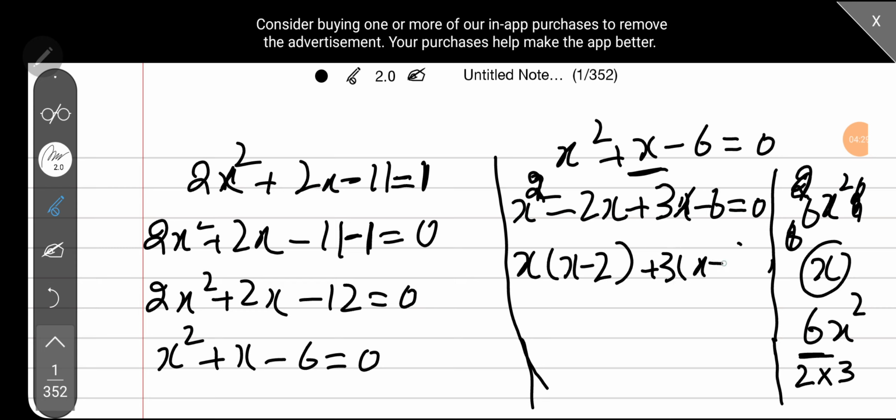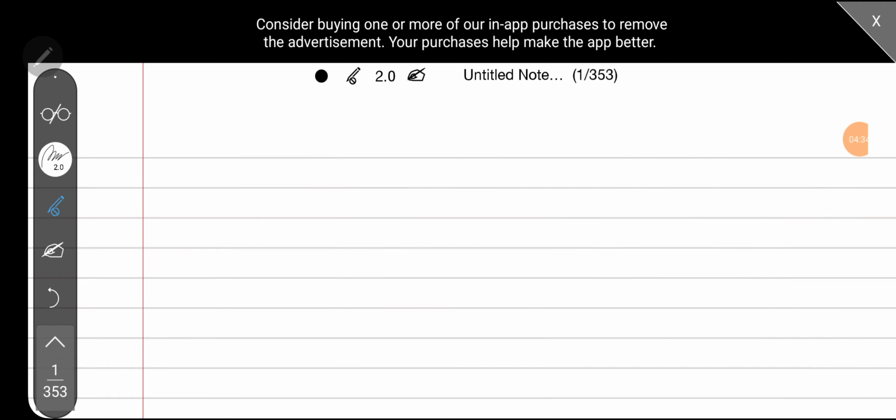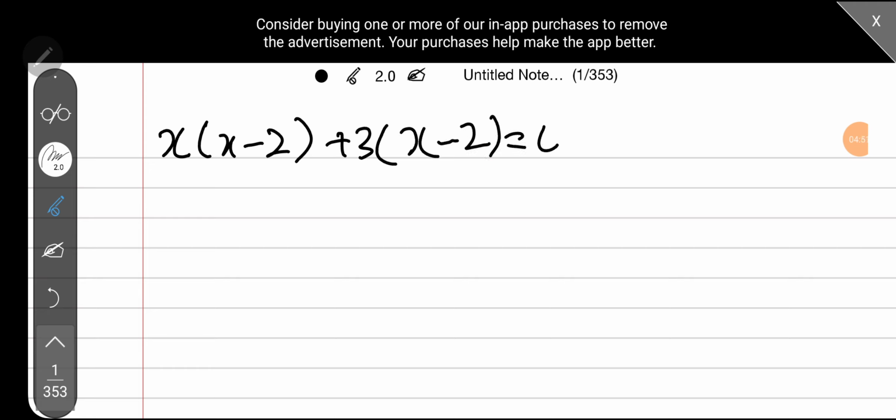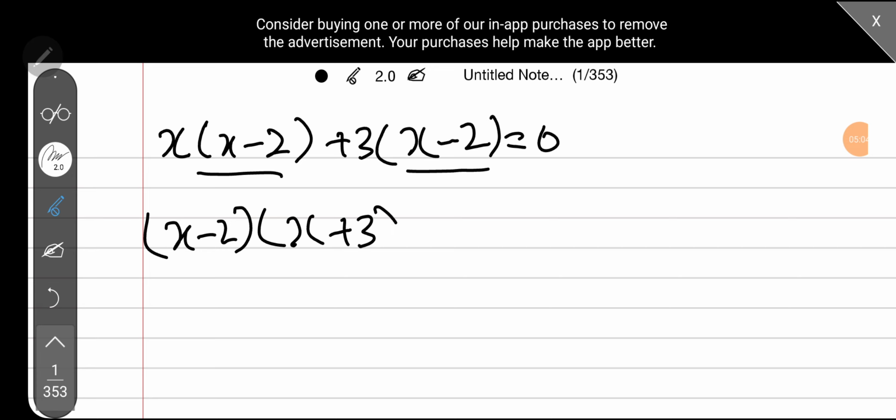When we take 3 as common, x is common. So now in these two terms, x minus 2 is common, and we are left with x plus 3.